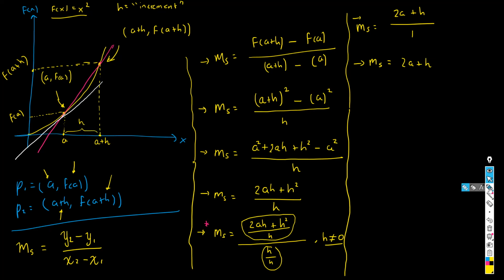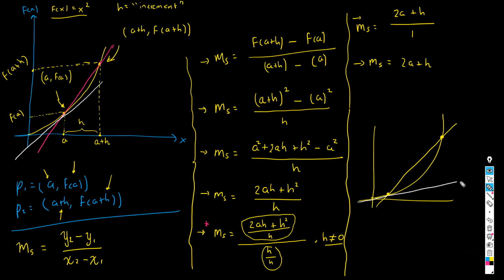Maybe I can draw it in here. This is P1, this is my tangent. And look, the increment is the horizontal distance from this point to this point.